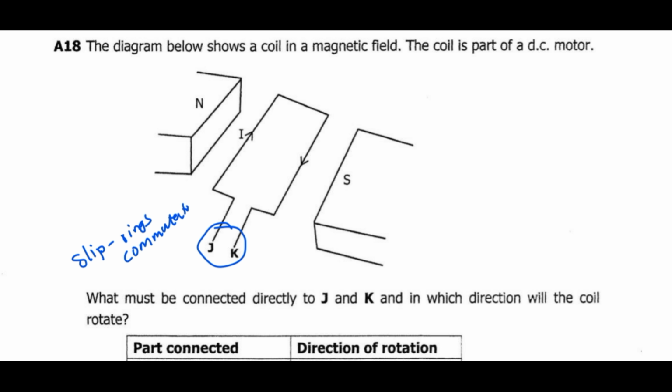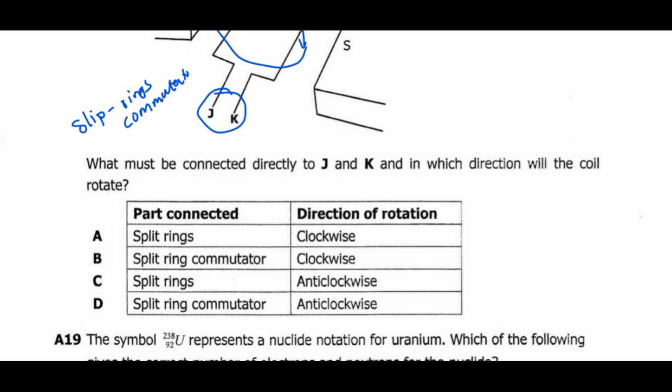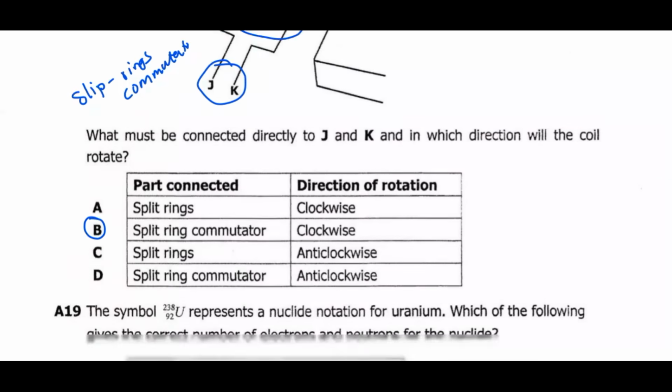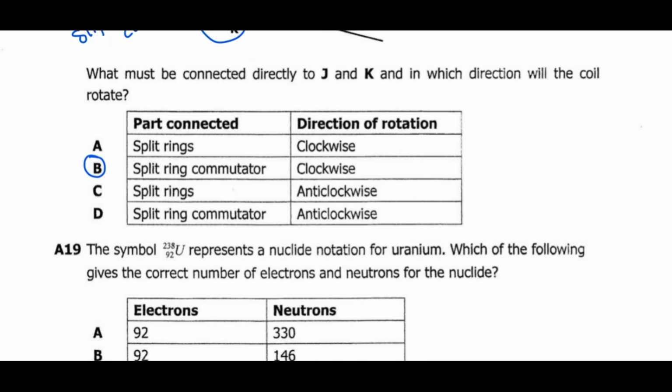Then the direction is this will move up, then it will go down. So the movement is clockwise. Let's look at the multiple choice. So the answer is B, split ring commutator and clockwise direction. We can't have counterclockwise here.